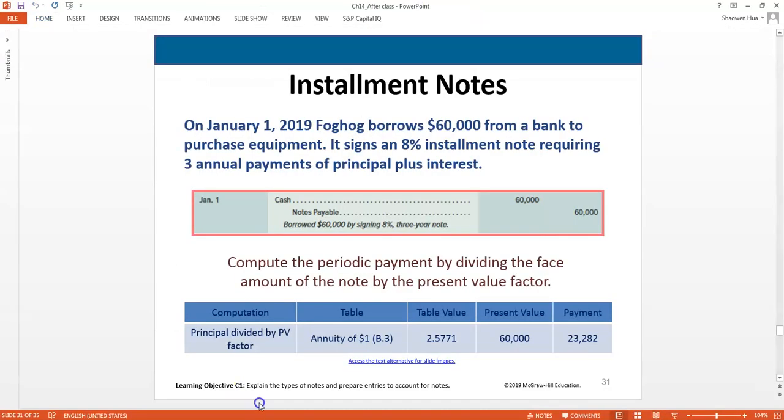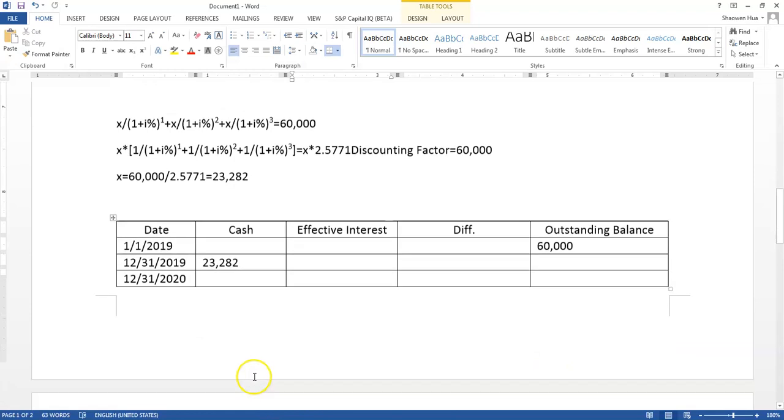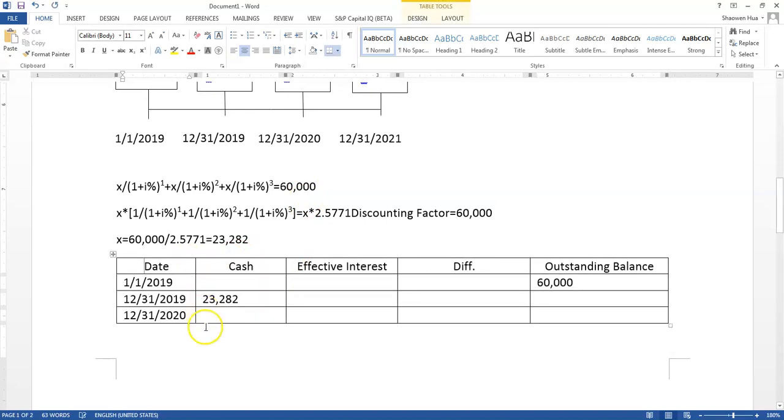And in our example, the interest rate is 8%. So 8% of your debt that you haven't paid out is multiplied by your previous outstanding balance on January 1st.